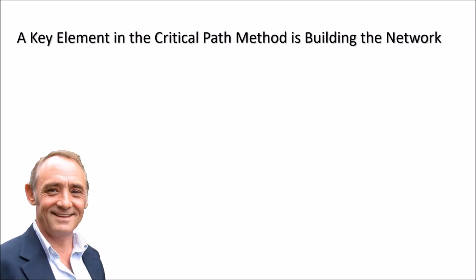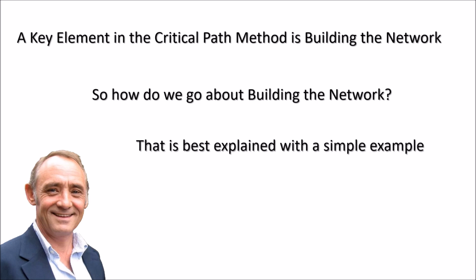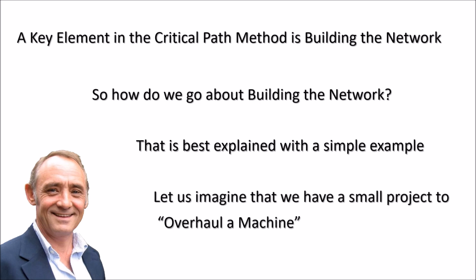A key element in the critical path method is building the network. So how exactly do we go about building the network? That is best explained with a simple example. So let us imagine that we have a small project to overhaul a machine.